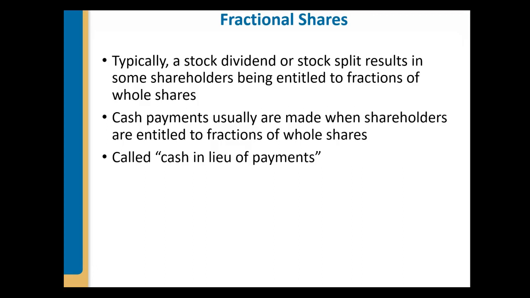Cash payments usually are made to shareholders for fractional shares and are called cash in lieu of payments. In the situation that you see, if the market price at declaration is $12 per share, the shareholder with 15 shares would receive 3 additional shares and $9 in cash.